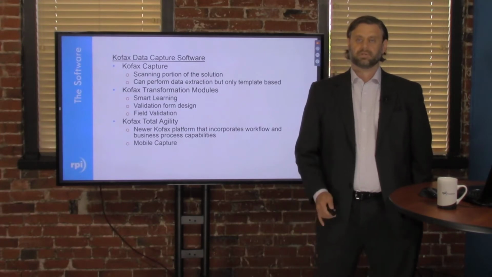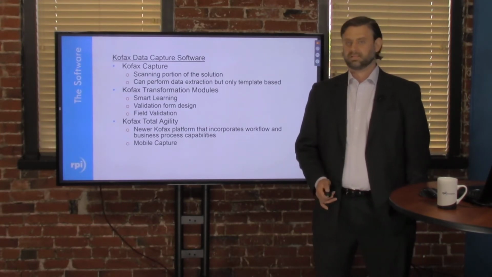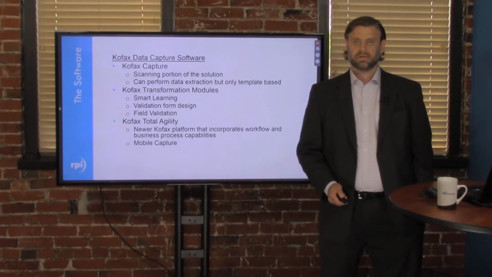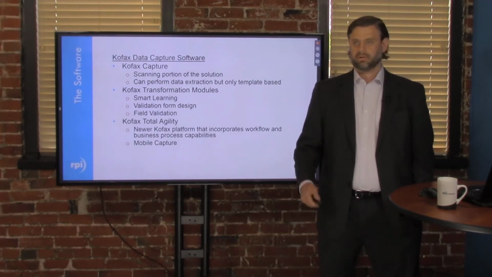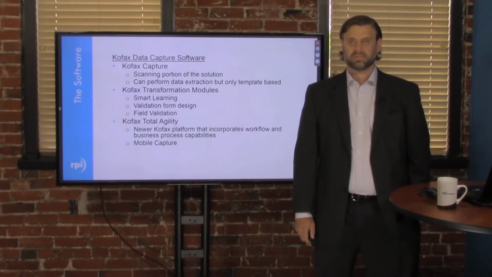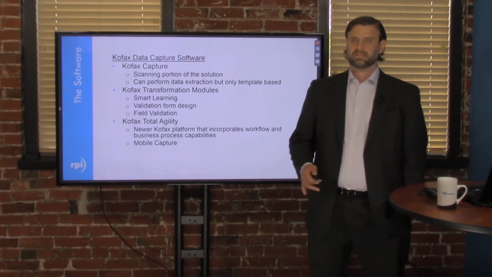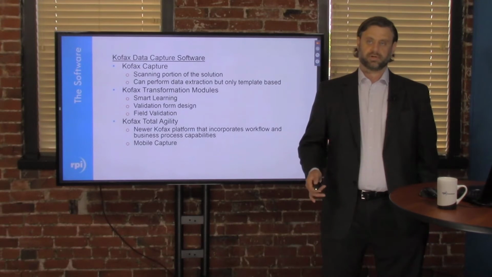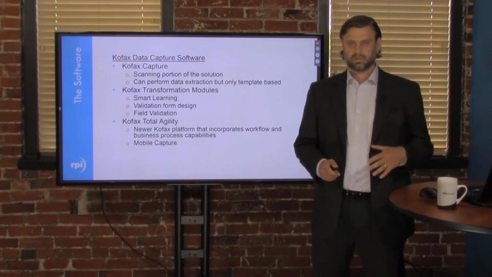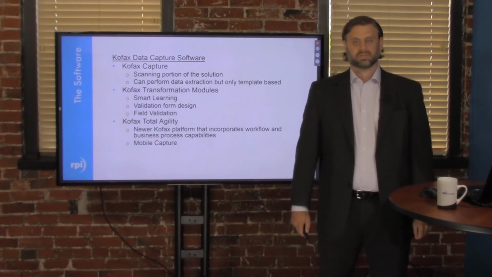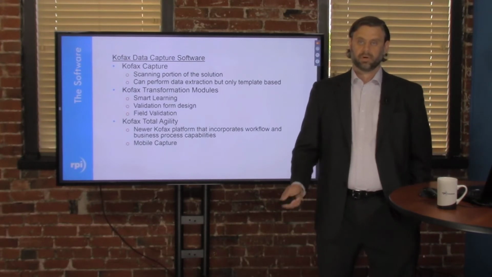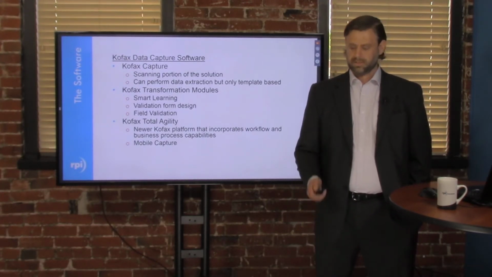It basically allows you to have more workflow and business process capabilities inside Kofax. It allows you to do mobile capture and a lot of advanced analytics around business processes. So the newer installations are going to have Kofax Capture and Kofax Transformation Modules built into Total Agility, as modules within that application. Or Kofax Capture and Transformation Modules can stand alone as well. So I just wanted to mention that.